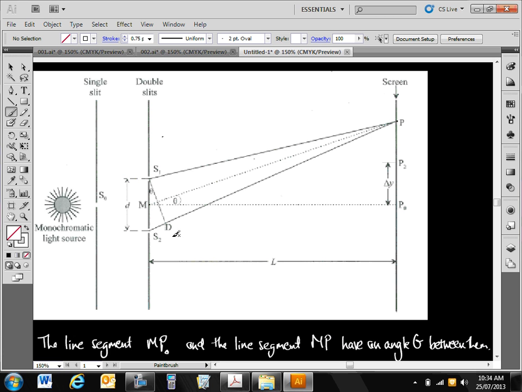Have a look at the line segments here, S2P and S1P.